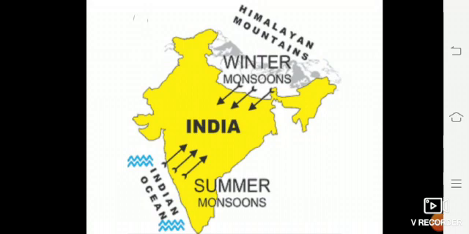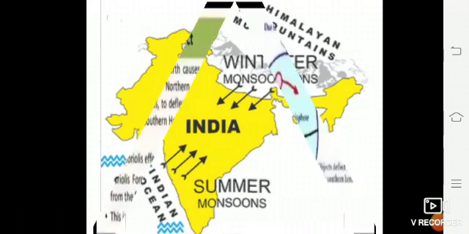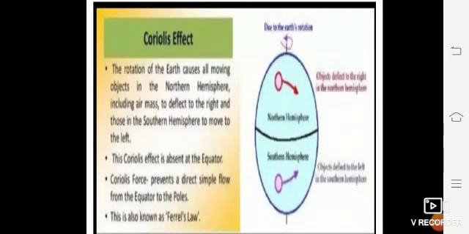Why does this happen, that the southeast trade winds change direction and blow towards the Indian landmass? The answer to this question is the Coriolis force. This force is generated due to the rotation of the earth. As the earth rotates from west to east, it deflects the winds in other directions.